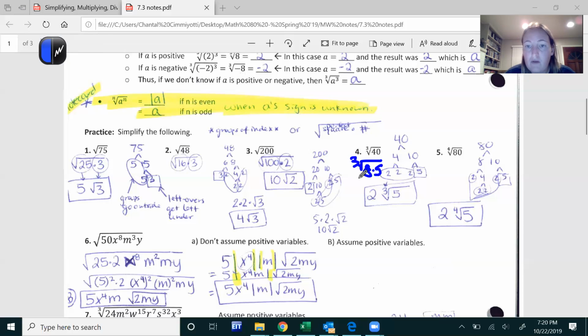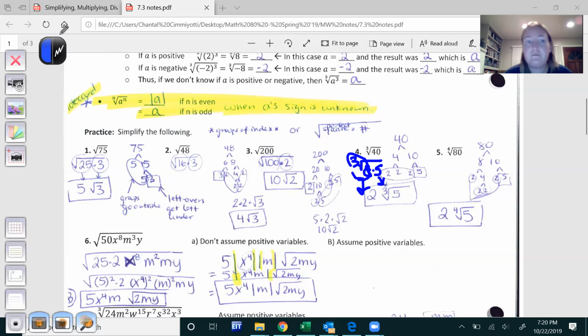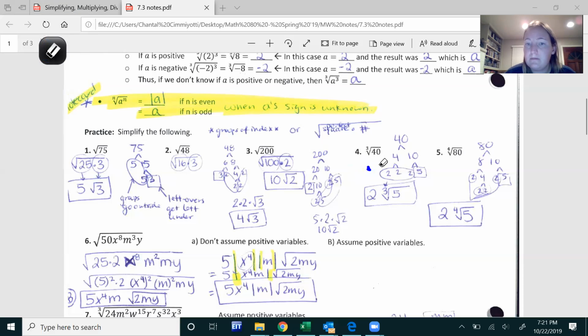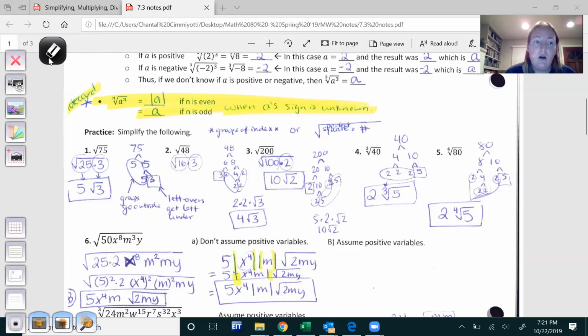And so then the cube root of 8 is the 2, and then the cube root of the 5 is the cube root of 5. Let me erase that. It's pretty messy.